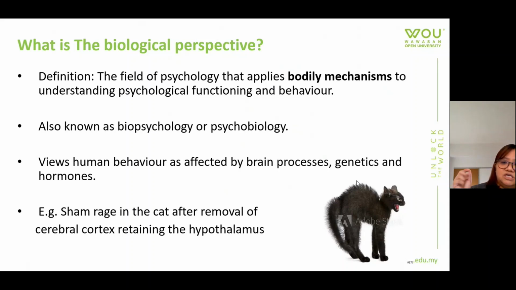What they did was a surgical procedure to remove the cerebral cortex while retaining the hypothalamus, and after that they observed the cat and the other living species in terms of their behavior, in terms of their emotions, etc. What they discovered is that one of the cats, after removal of the cerebral cortex and retaining the hypothalamus, when they triggered the cat a little bit, gave a very big reaction, straying, being very angry. For this case study, we know it as sham rage.